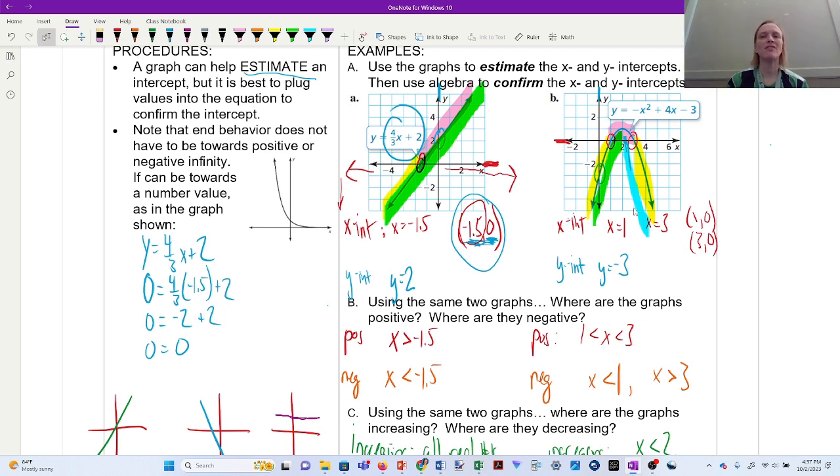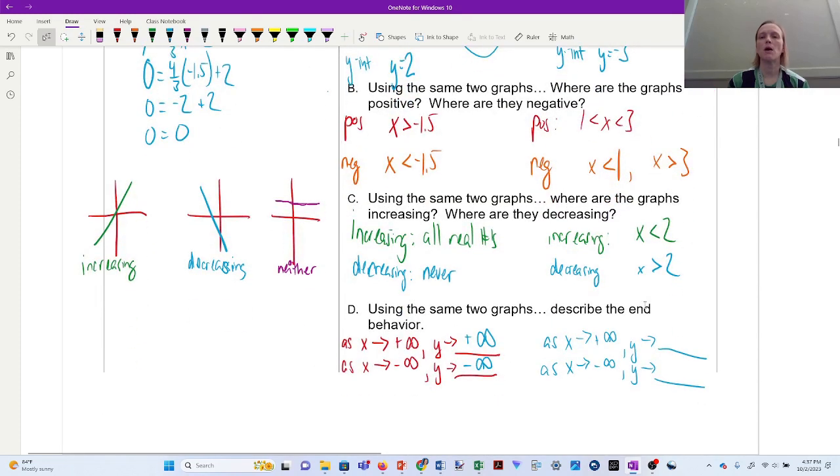Similarly, as I move in the negative x direction, as I get smaller and smaller in this direction, more and more negative, then y also gets more and more negative. So as x approaches negative infinity, y approaches negative infinity. So in both of these cases, positive infinity for x or negative infinity for x, y approaches negative infinity in both cases.